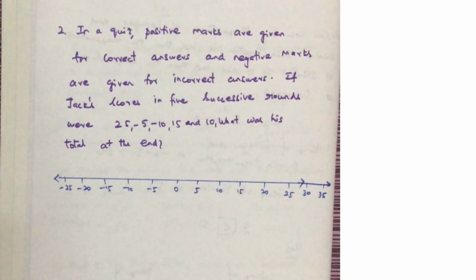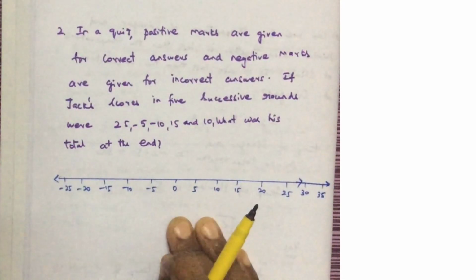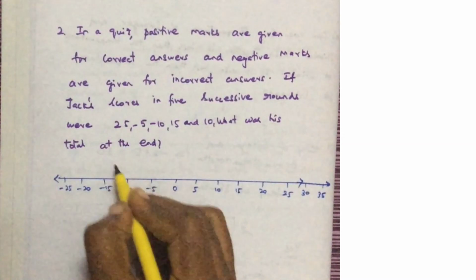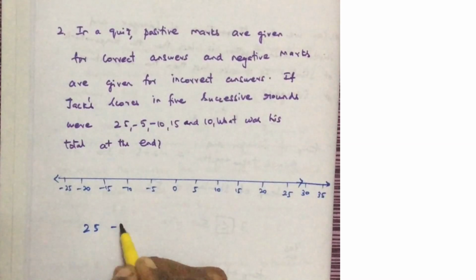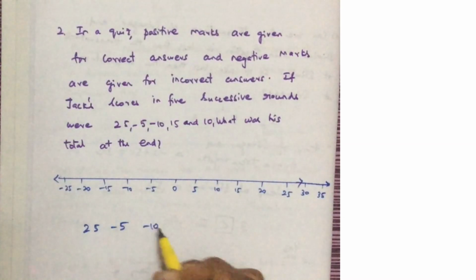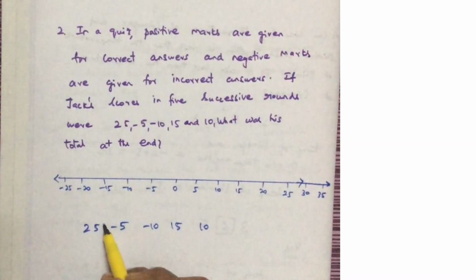In this problem, we can solve with a number line, and without it also. First, we will solve using the number line. His marks are 25, -5, -10, 15 and 10. Now we have to add these marks.